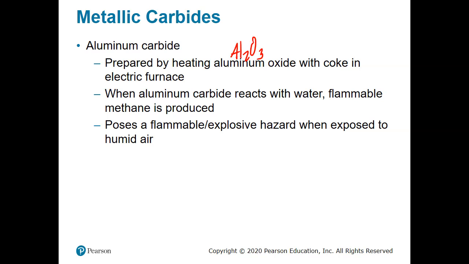Well, if we expose it to coke, coke being a commercially present form of carbon, in an electric furnace, the heat of that furnace will basically cause more or less a single replacement reaction to take place, where that carbon is going to insert itself in place of the oxygen.